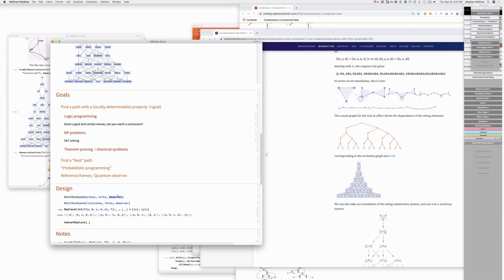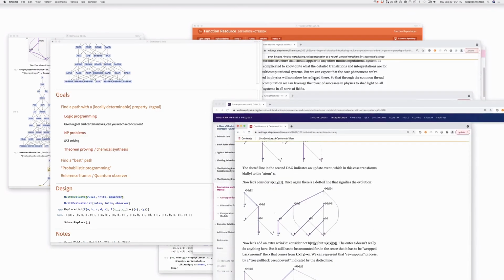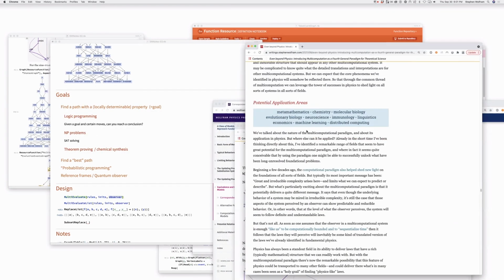Another possible thing is that somehow it tells you when to stop, if I find a path. Yeah, exactly.